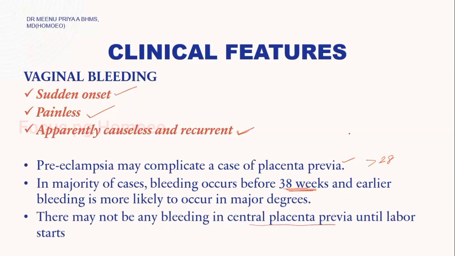Because there the placenta is covering the entire internal os, and once labor starts, the presenting part puts pressure on the placenta. So when descent is occurring, bleeding is observed during the first stage of labor. In other conditions it is usually before 38 weeks.